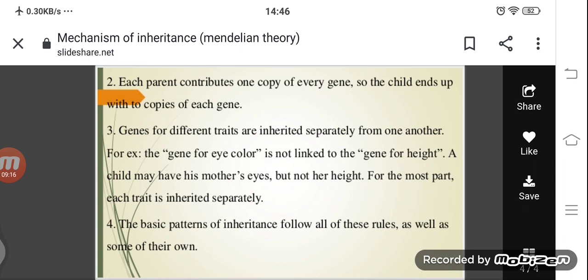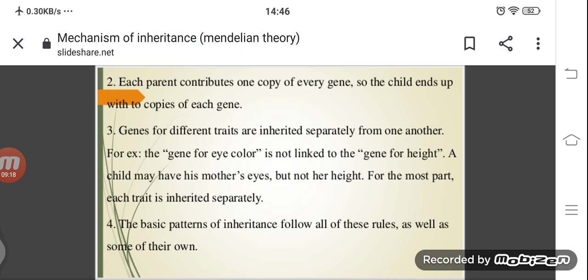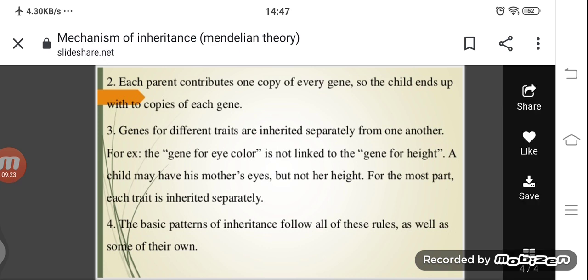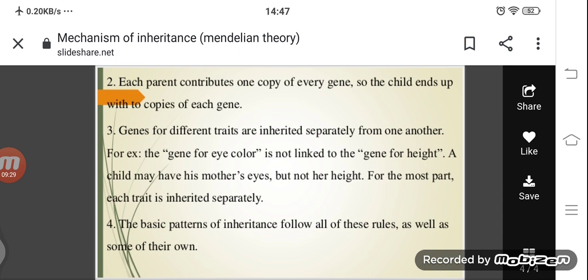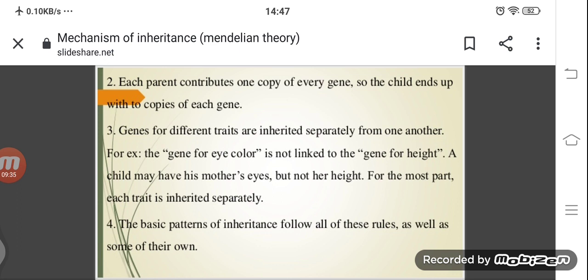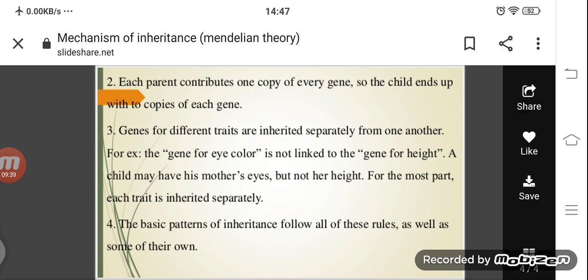For example, the gene for eye color is not linked to the gene for height. One gene carries one type of information only. For example, one gene carries eye color only; it does not carry the height of the body. In the human body, each and every gene has only one type of function.